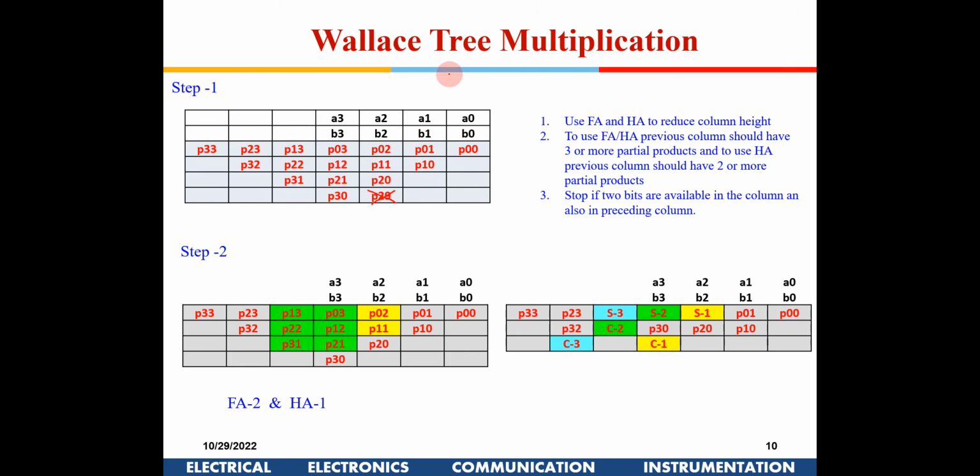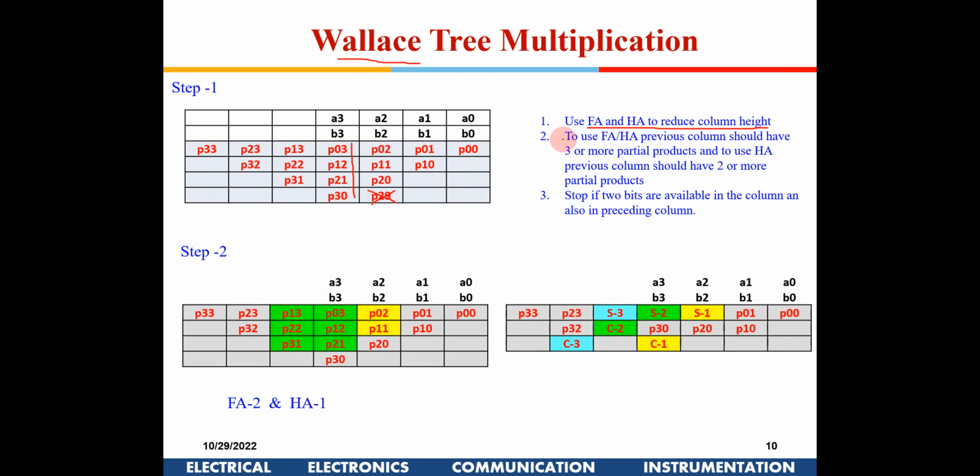Now the rule which was suggested by Wallace. This is the name of the person who suggested this particular method of optimizing the number of half adders and full adders. He says use full adder and half adder to reduce the column height. So this is the column height, right? This is 4 out here.